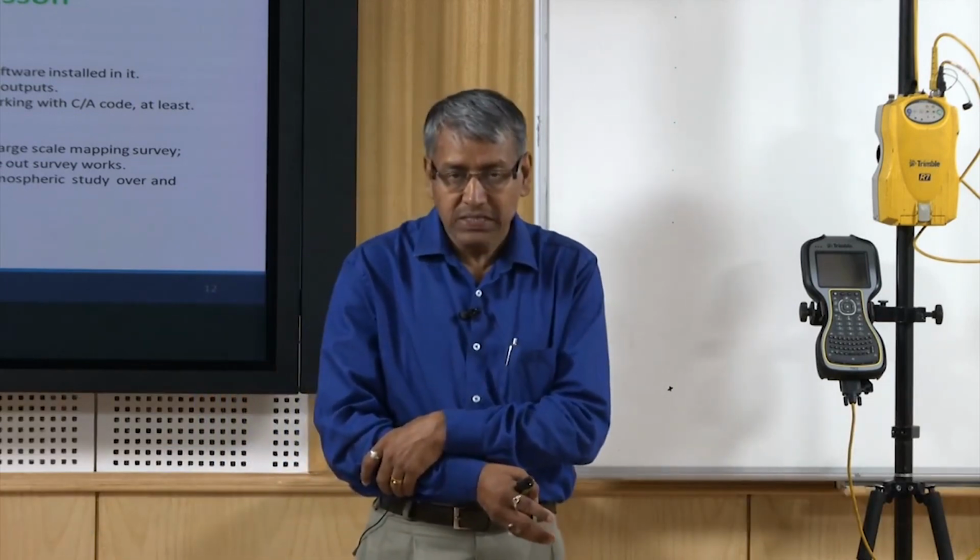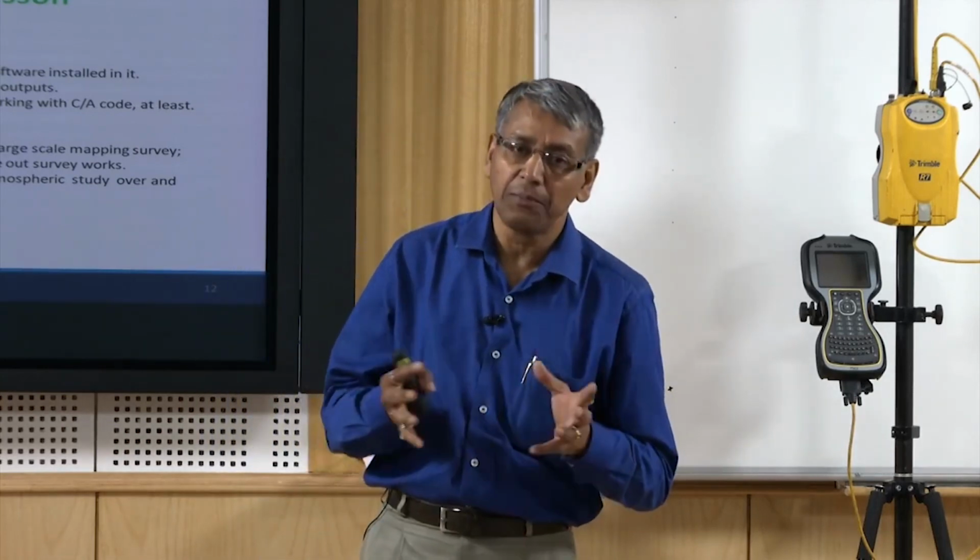Dual code receiver is useful for mapping purposes. Then single frequency we use for low order control points as well as large scale mapping survey. Dual frequency is used for precise measurement, atmospheric study as well as for navigation purposes. Triple frequency is for continuous monitoring and very precise measurement, staking out work.